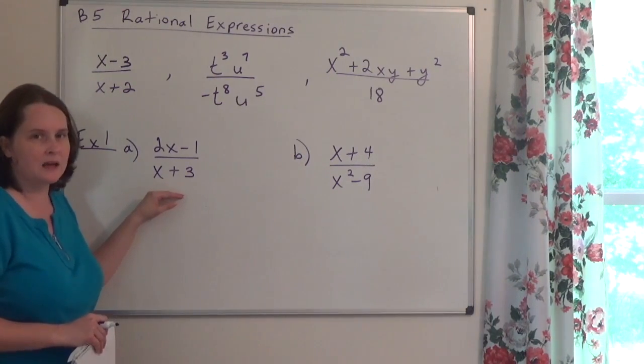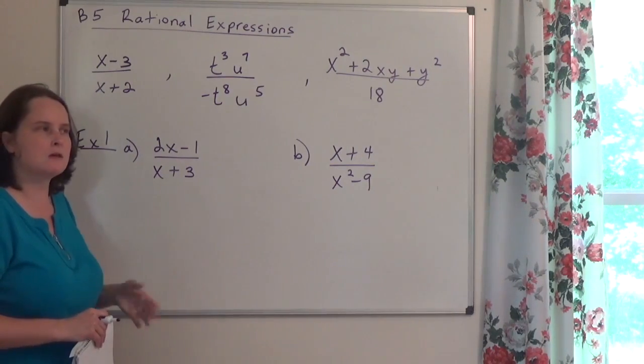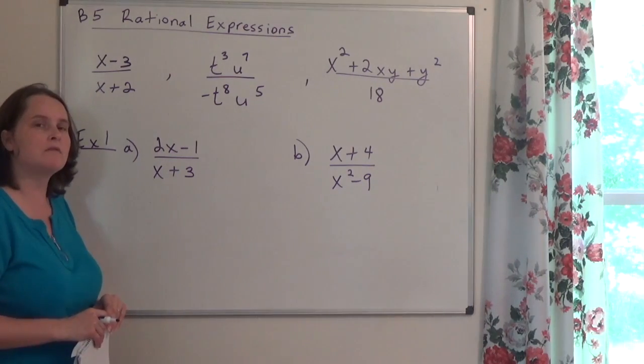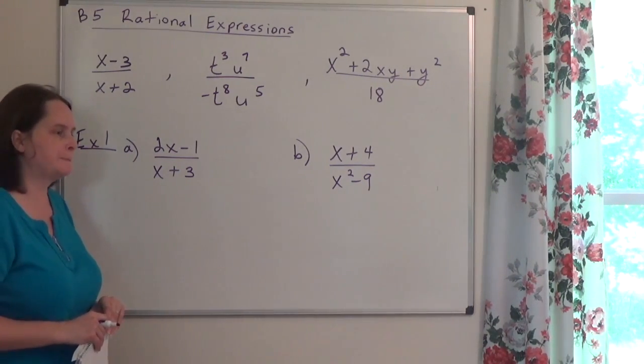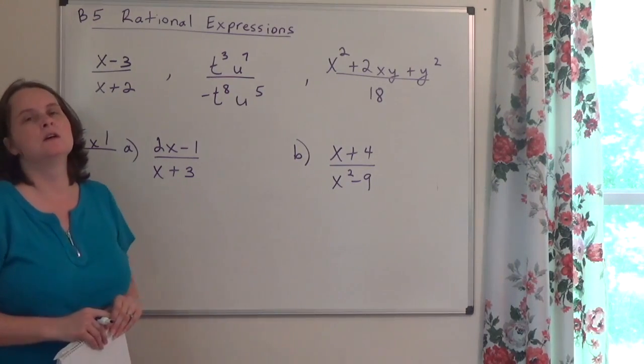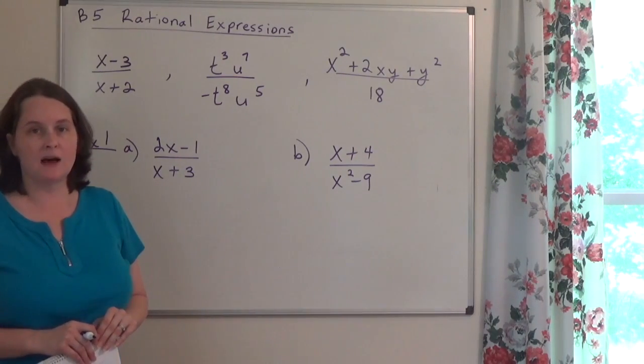You might know what that is, or maybe you don't. The key here is to think about what value. Basically, if you look at your notes, you'll see that I've got a reminder that we know from arithmetic that we cannot divide by 0.